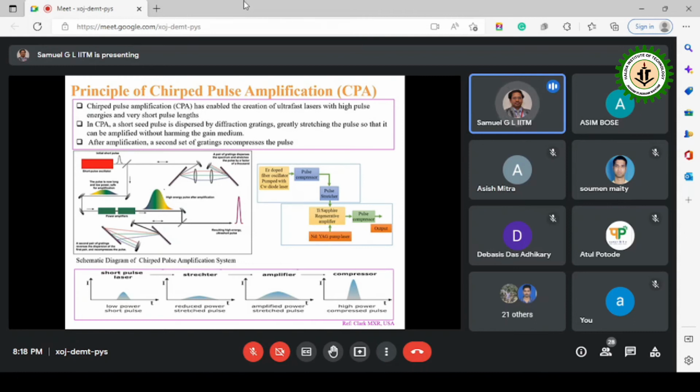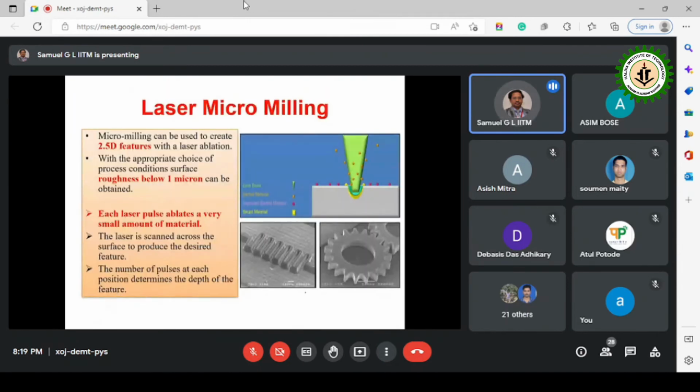The energy which was there in the whole of this pulse will be packed into a very short period, but the intensity will be high. So this technology is called chirped amplification technology. We make the period of the pulse smaller and at the same time pack high energy, and that is the reason why these lasers are very, very powerful.